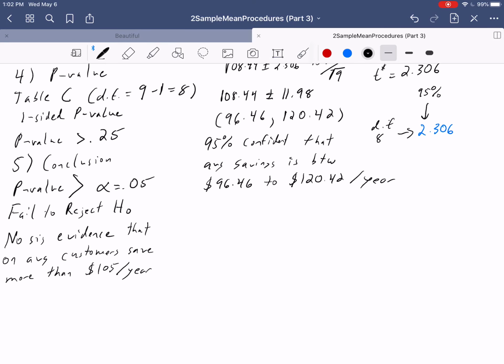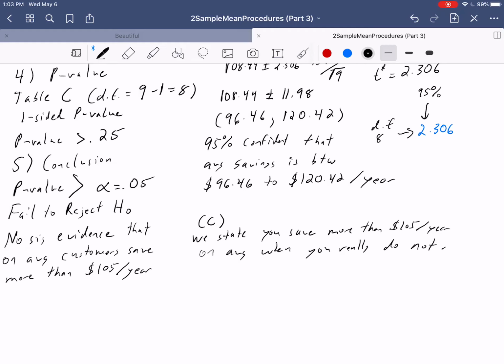Okay, let's go ahead and quickly talk about Part C. Part C said, we state you save more than 105 per year on average when you really do not. Okay, and we want to know, is that type 1 or type 2?